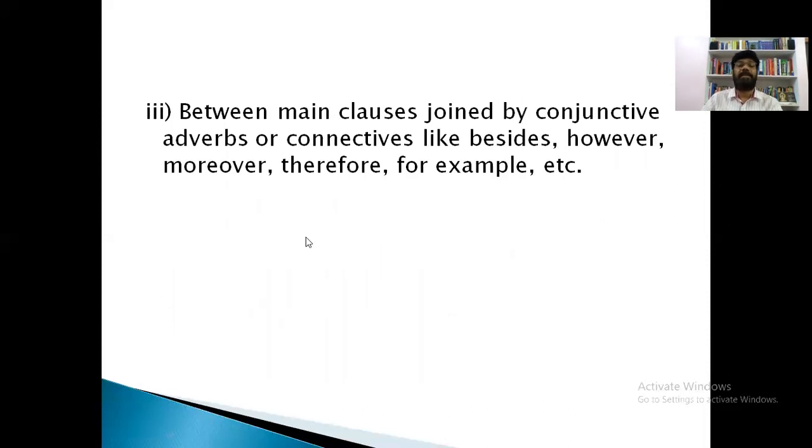Let us see the third use of a semicolon. This is the third use: between main clauses joined by conjunctive adverbs or connectives like besides, however, moreover, therefore, for example. When we were talking about the comma, we came across these adverbs.